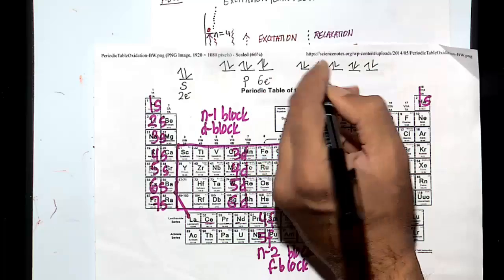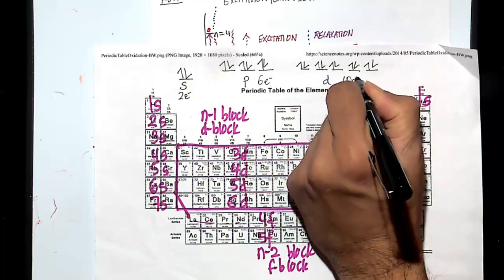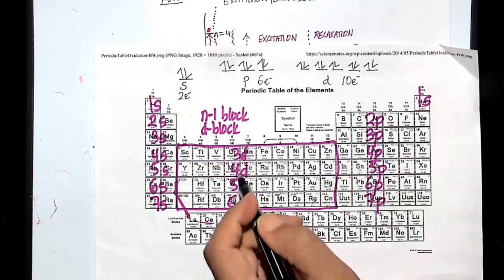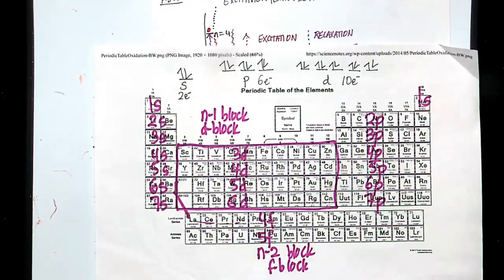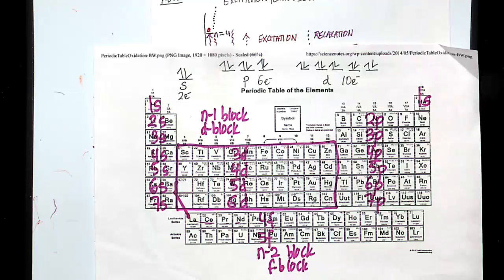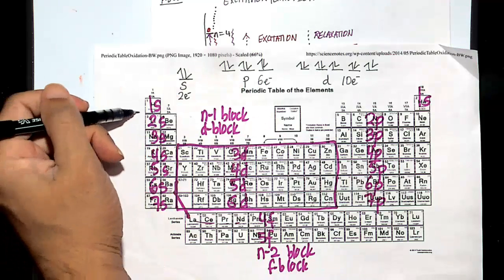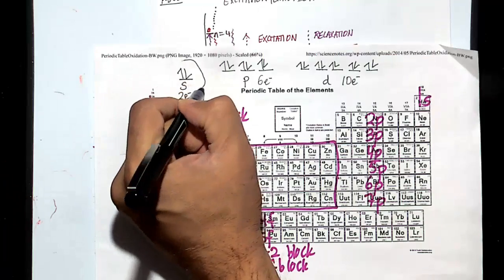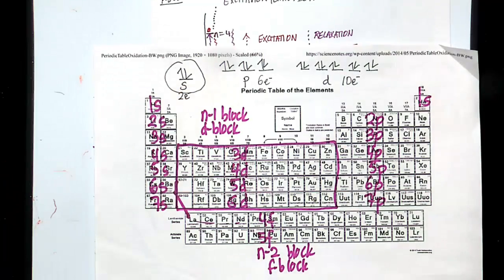So that will be 10 electrons. A d orbital, whether it's 3d, 4d, 5d, or 6d, has the capacity to hold 10 electrons. A p orbital, whether it's 2p, 3p, 4p, 5p, or 6p, has the capacity to hold 6 electrons. And the s orbital, whether it's 1s through 7s, has the capacity to hold 2 electrons. They go spin up, spin down.